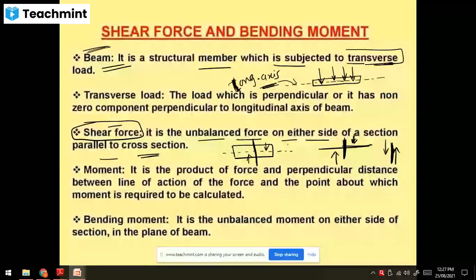It is the unbalanced force on either side of the section parallel to the cross section. That is called shear force.